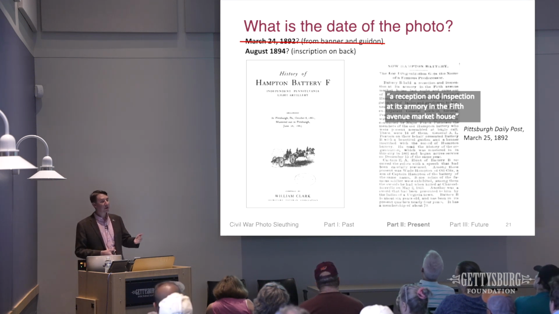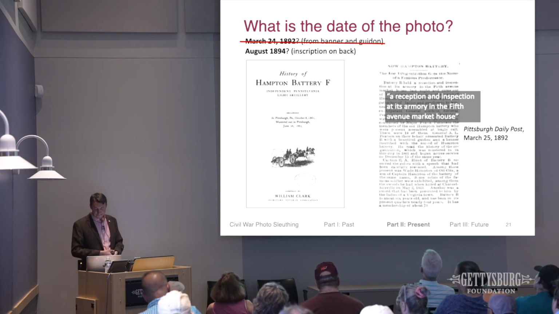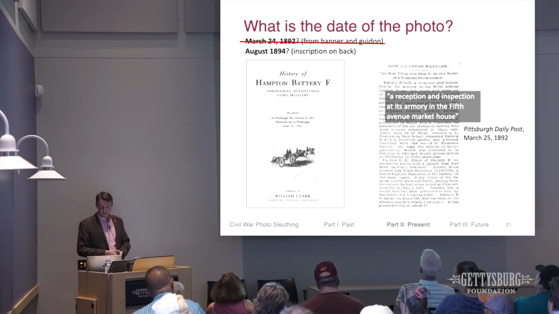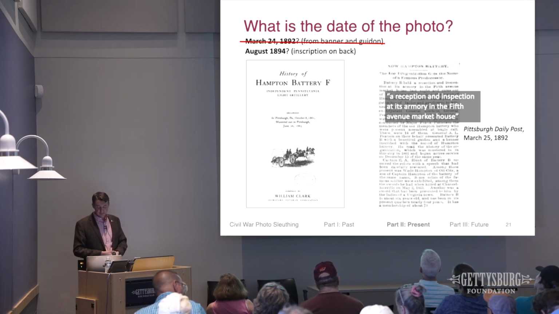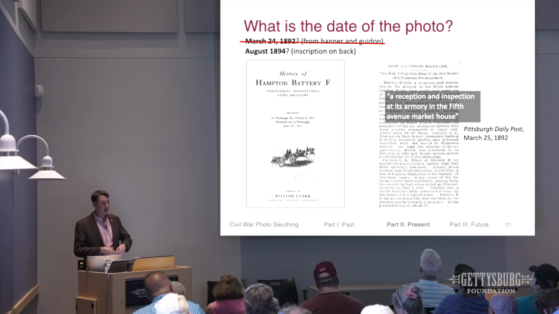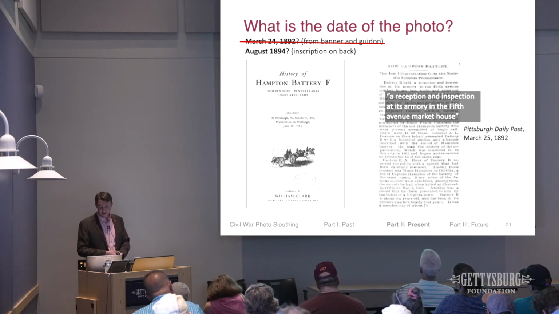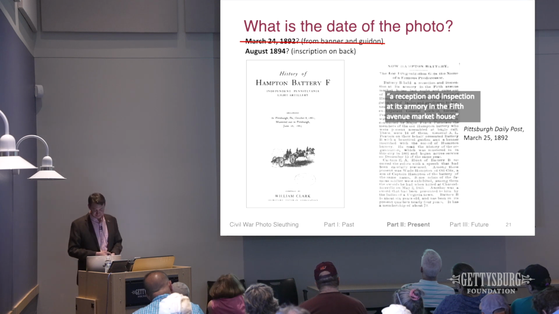So there was a ceremony on March 24th, and according to the Pittsburgh Daily Post, 14 veterans of the original Hampton Battery attended the spring inspection of Battery B, bestowed an honorary name of Hampton Battery, along with two gifts, a beautiful guidon and a banner inscribed with a record of the Hampton Battery, both of which, of course, are visible in our mystery photo.